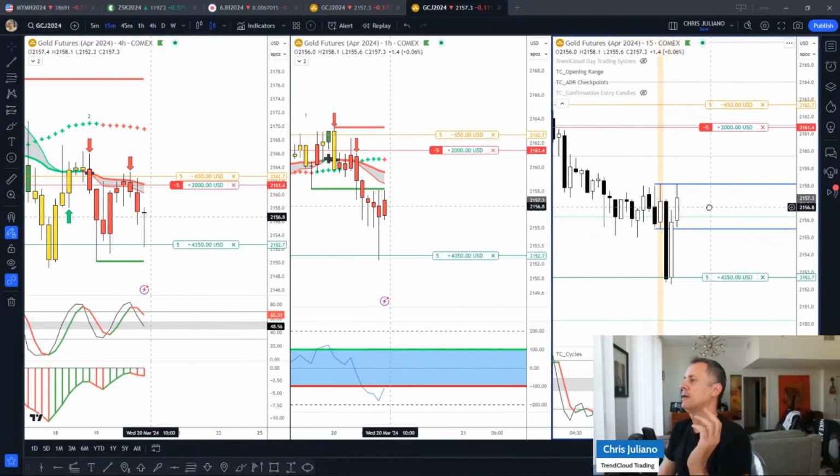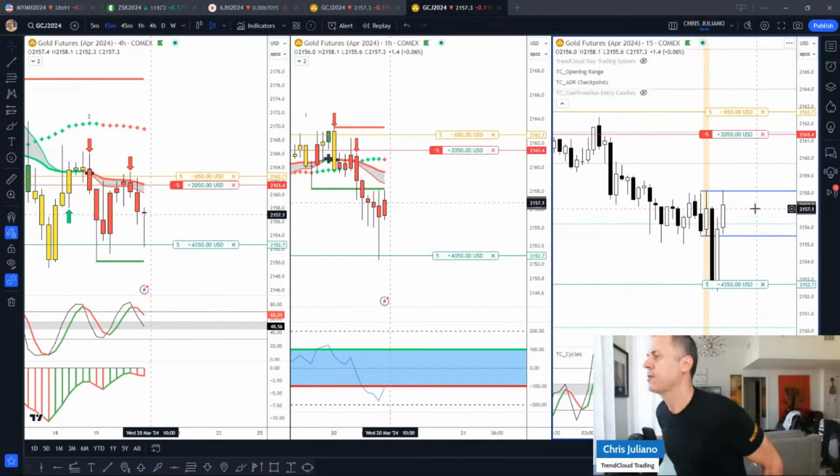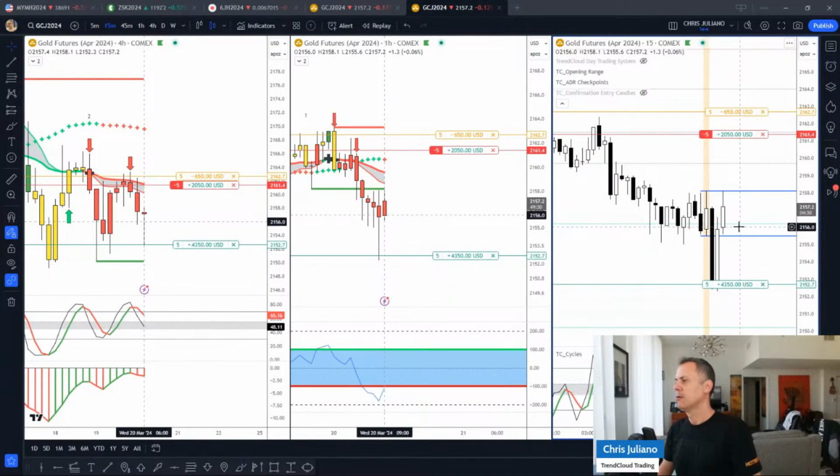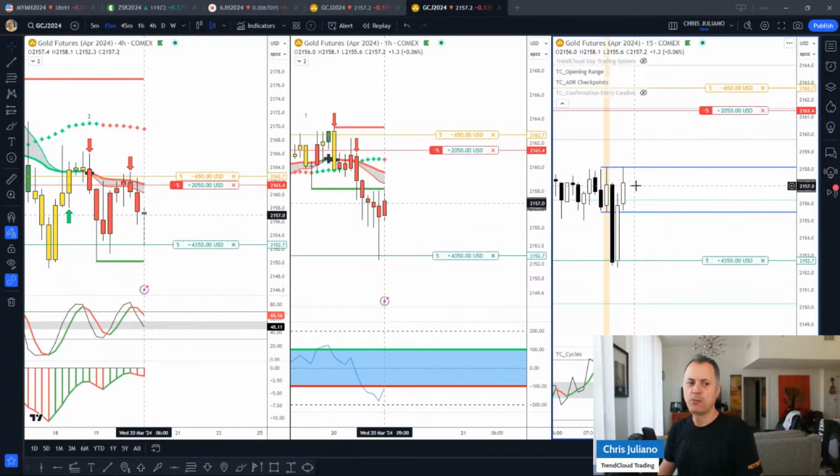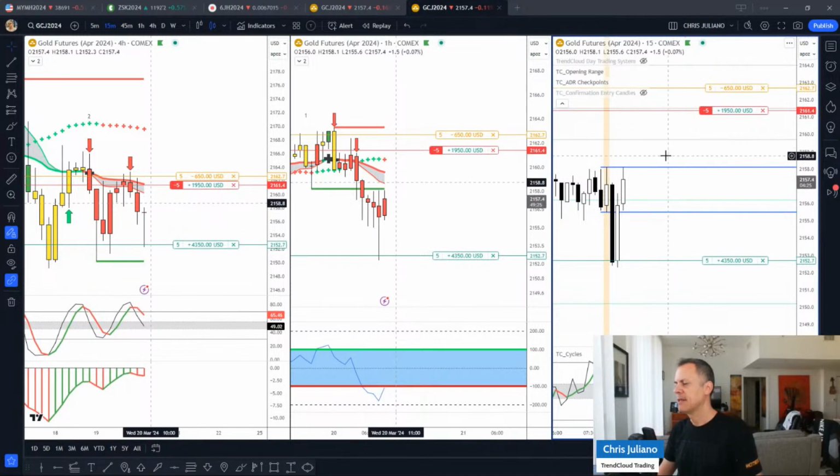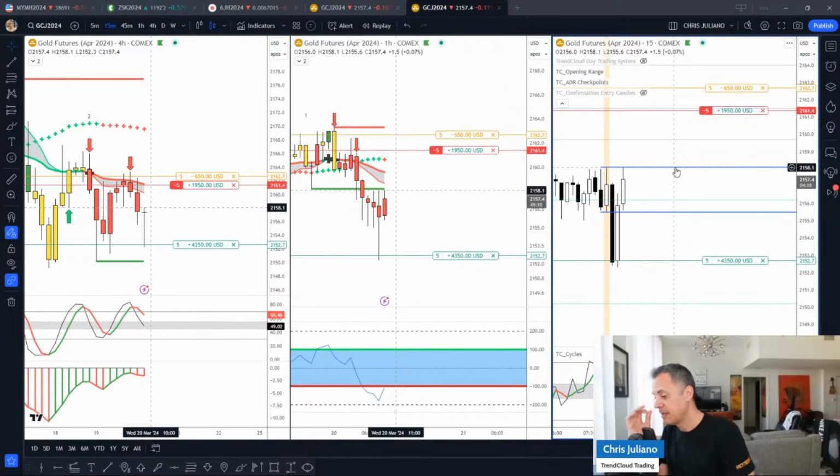So this is the situation. All right. So we are retesting the opening range, but it's much better to use TrendCloud in the overnight session, right? It's much better to use TrendCloud and line up all the supply zones that are going to be available to you. You'll never know which one is going to hit.